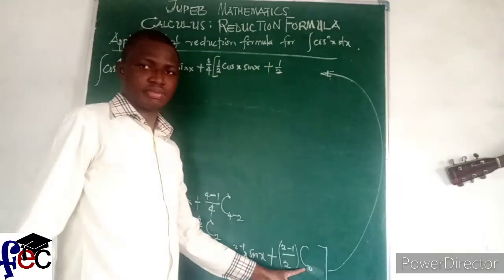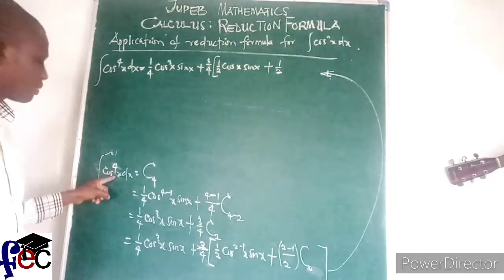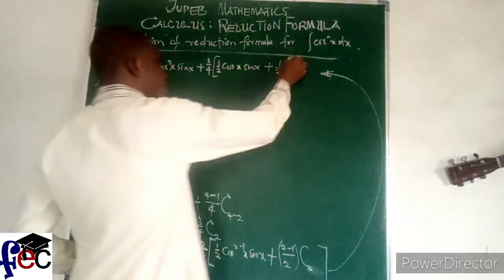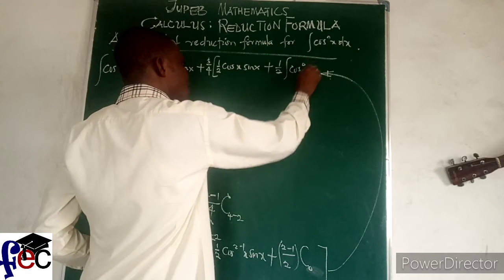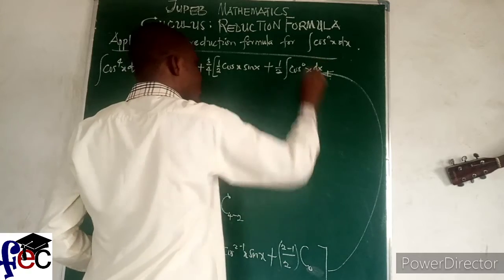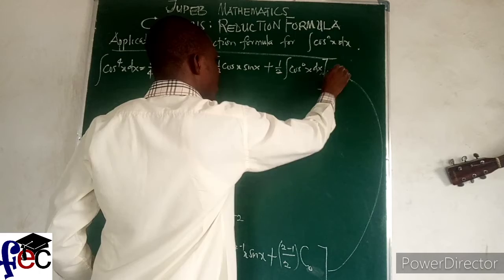What is C sub 0? Just substitute 0 into that part. That will give me what? Integral of cos x raised to power 0 dx. That's what it means. And I close up the bracket.